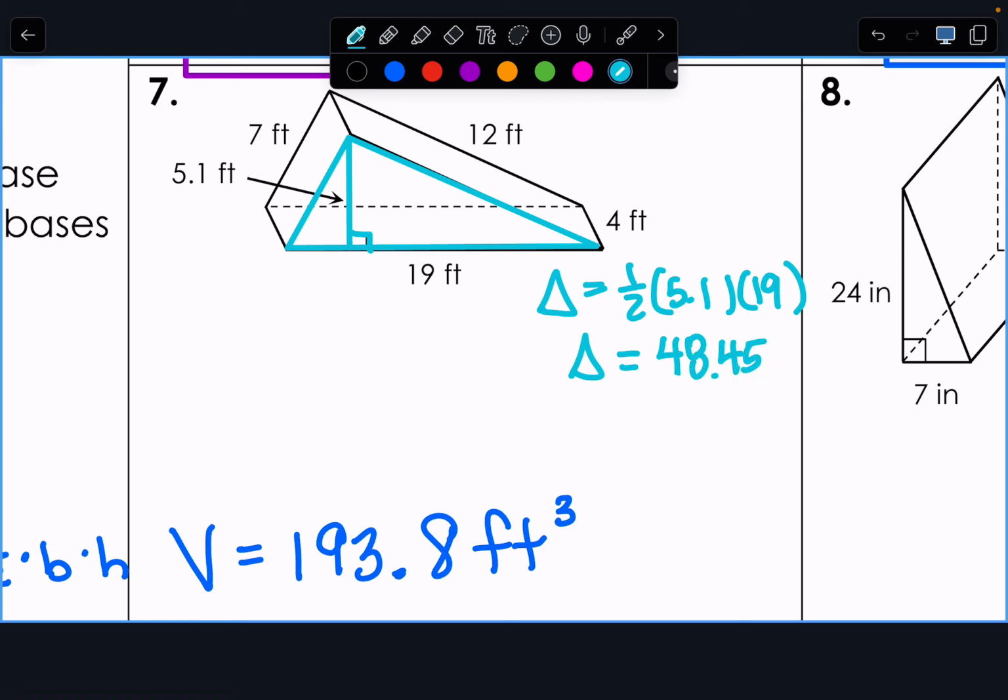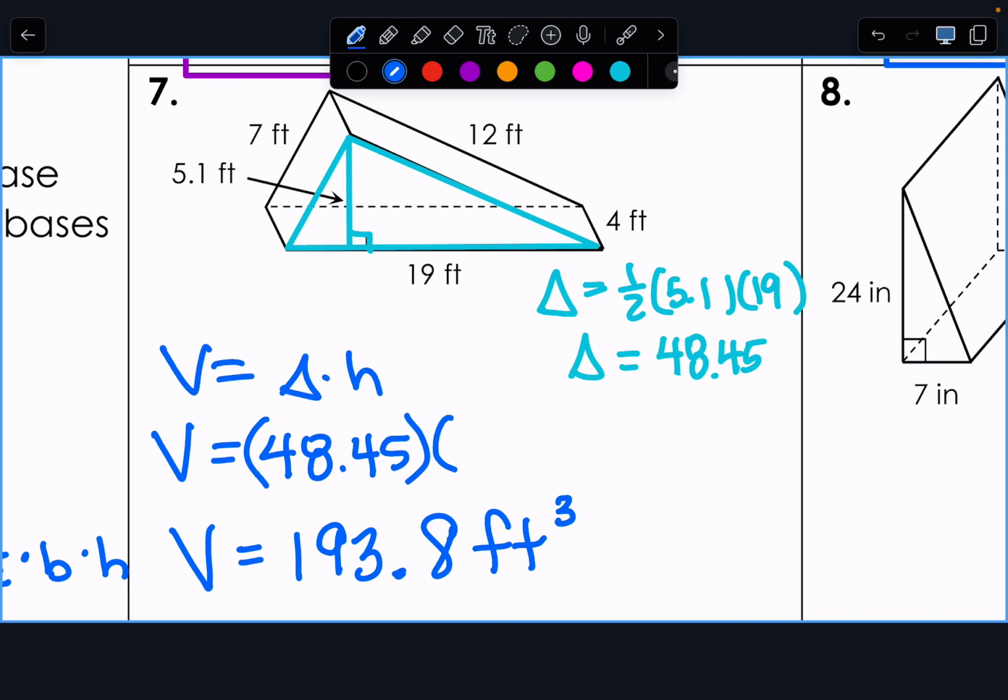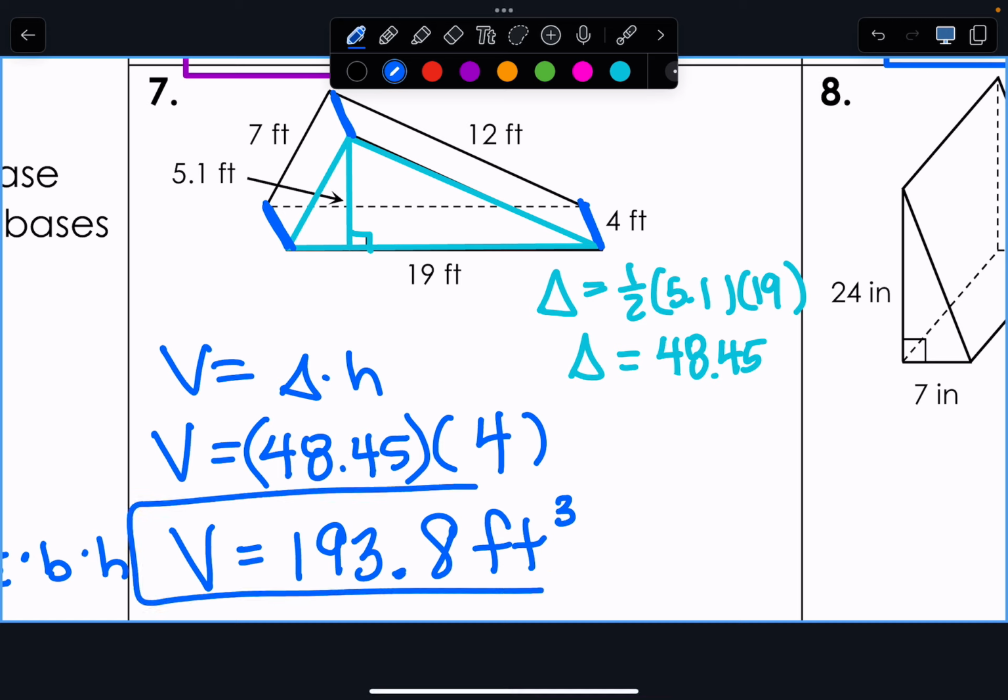So then, for our volume, we have 48.45 times what is the height of our prism? If we connect triangle to triangle, that dimension is 4. So that's how we're getting this guy right here.